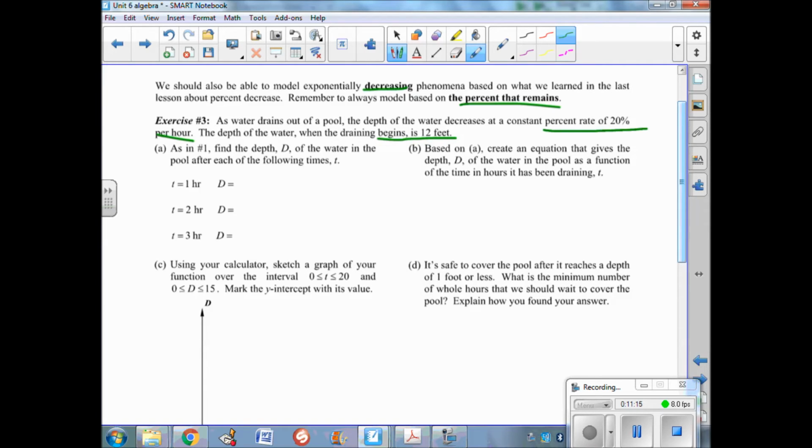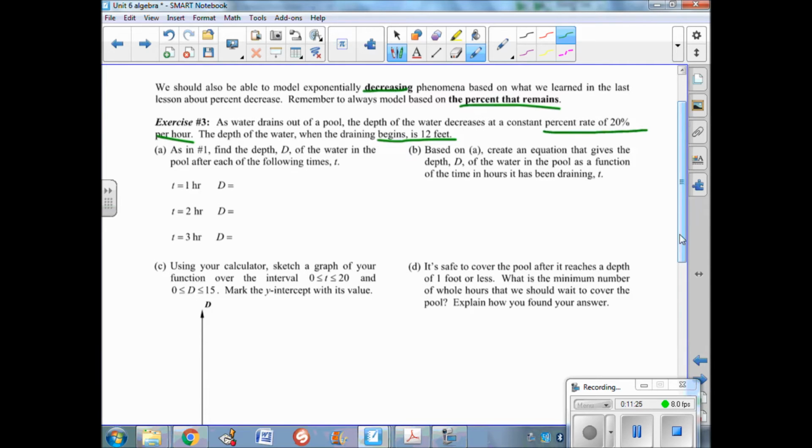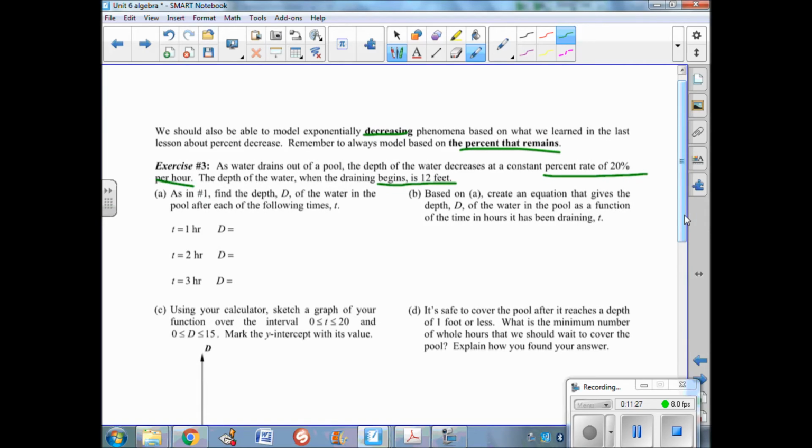So just like we did in number 1, find the depth of the water in the pool after each of the following time t. I'm going to go right to our equation again. If we sit and think about this, this is decay, it's decreasing. So our exponential decay is going to look like this in general.